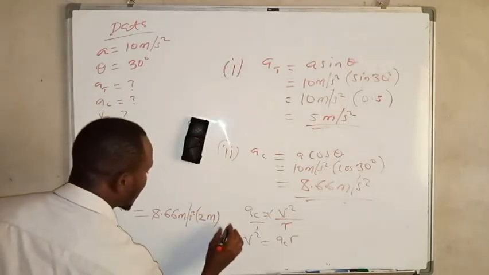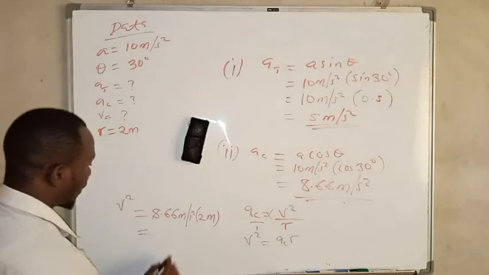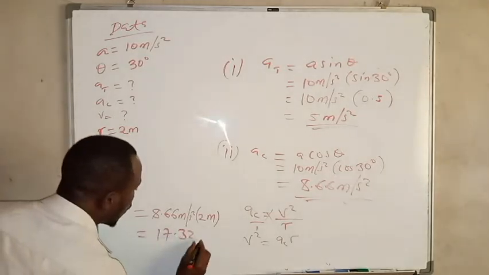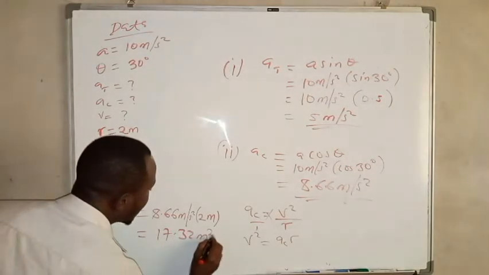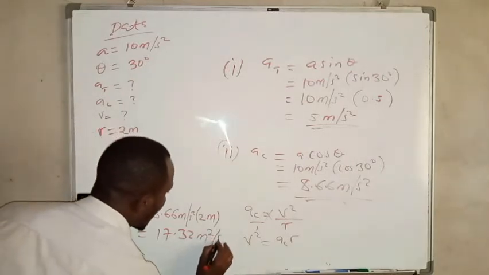So we get 17.32 meters squared per second squared.